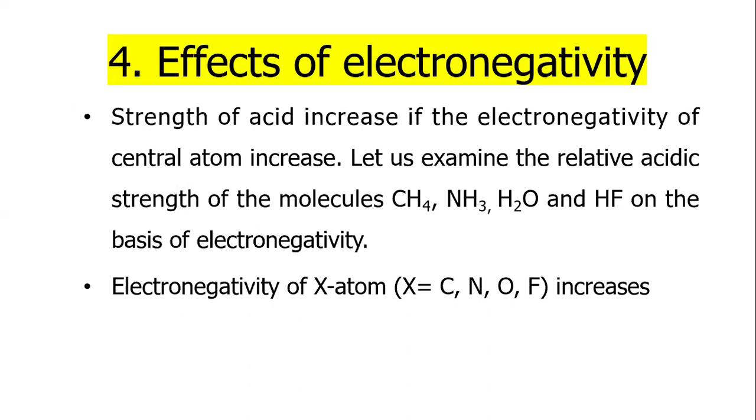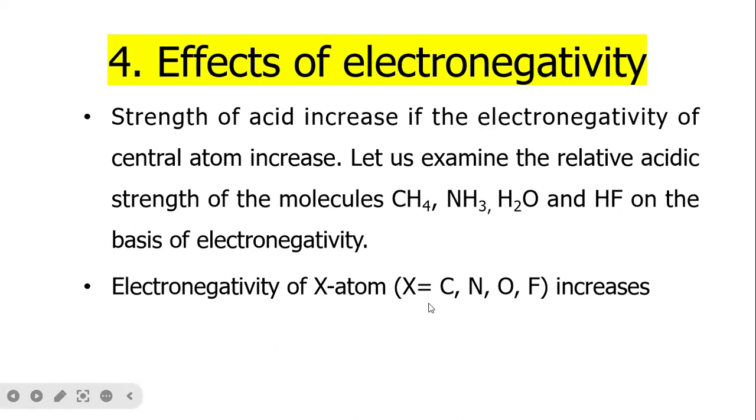Strength of acid increases if the electronegativity of the central atom increases. Let us examine the relative acidic strength of the molecules methane, ammonia, water, and hydrogen fluoride on the basis of electronegativity.